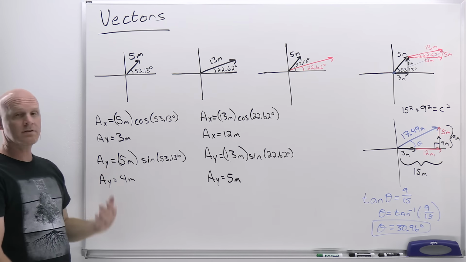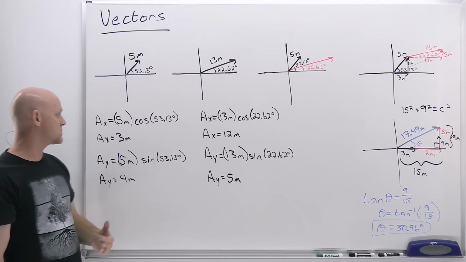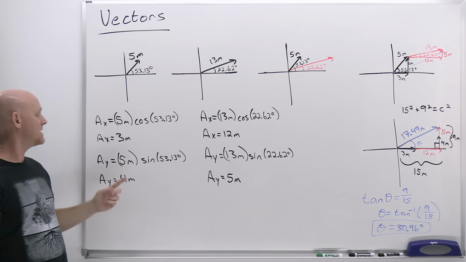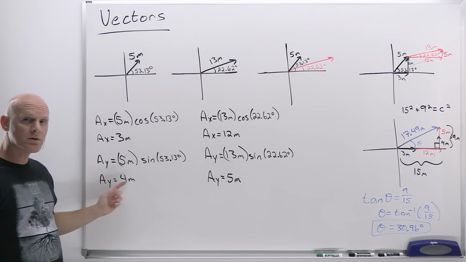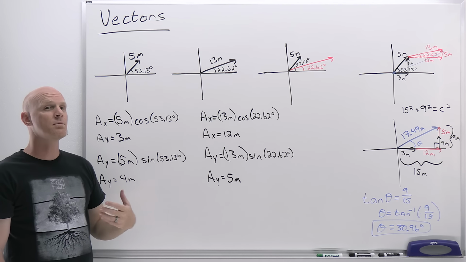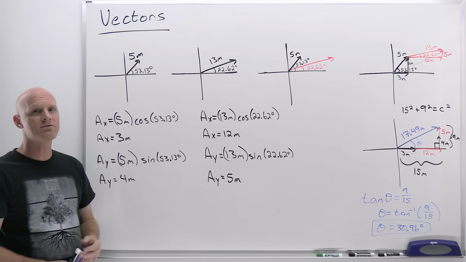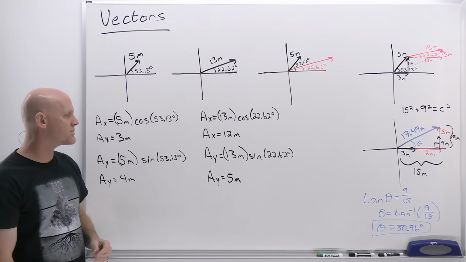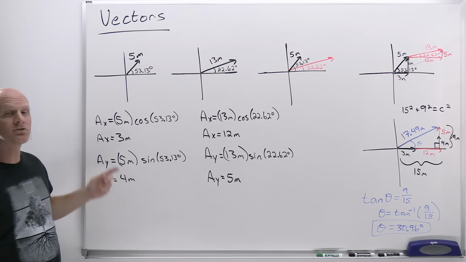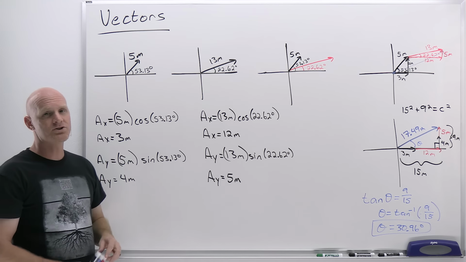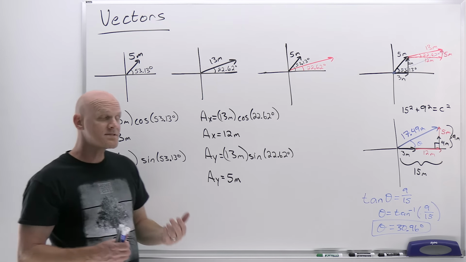What would that do to the components? It would also multiply them by 3 as well. The x component would now be 9, and the y component would now be 12. And it would still form a right triangle in the end that's similar to a 3, 4, 5 right triangle, instead being a 9, 12, 15 right triangle. Cool, this is the deal with vectors.